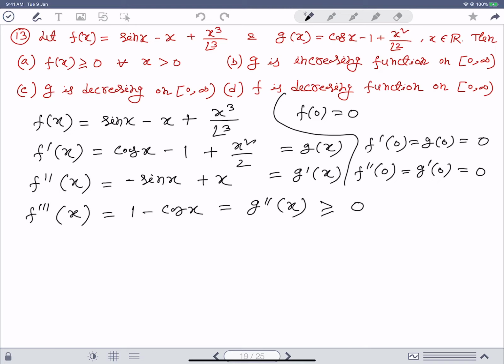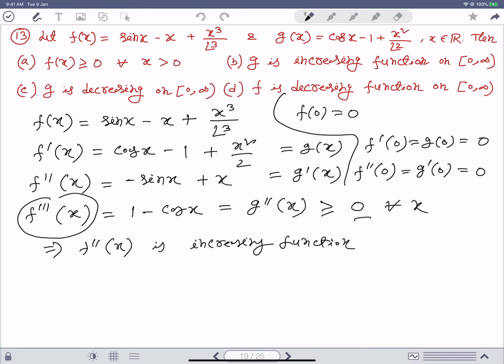Now, see what is this. So, f triple dash x is bigger equal to 0, right. Now, that will imply f double dash x is monotonically increasing function. Right, f double dash x or g dash x, these are monotonically increasing functions, right.